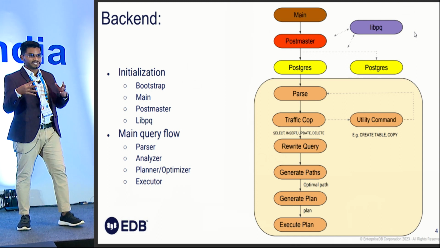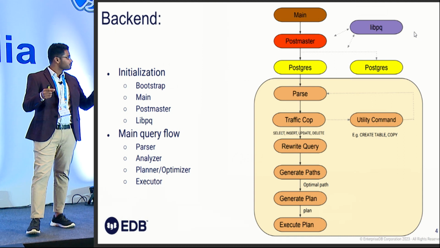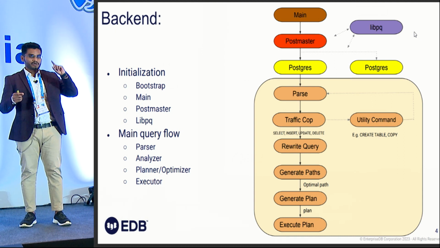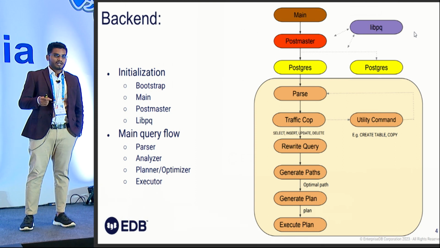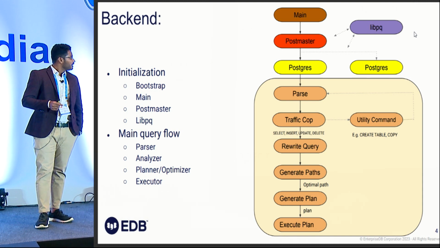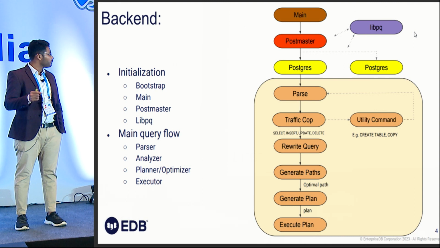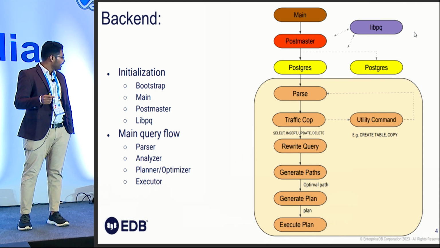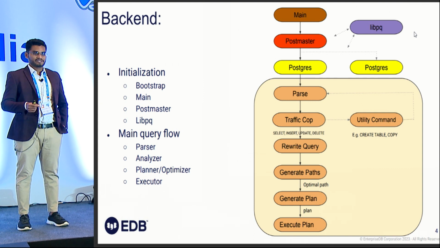So every incoming connection has a dedicated process, that is, a Postgres process. The postmaster is the only one process, and you can have multiple Postgres backends, one associated with each connection. Okay. Then these are the main query execution phases: parse, analyze, plan, and execution. We'll talk about those in later slides. Okay.